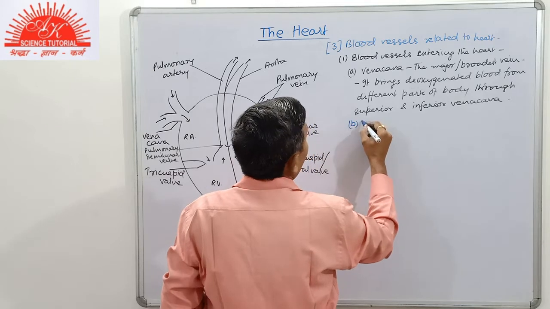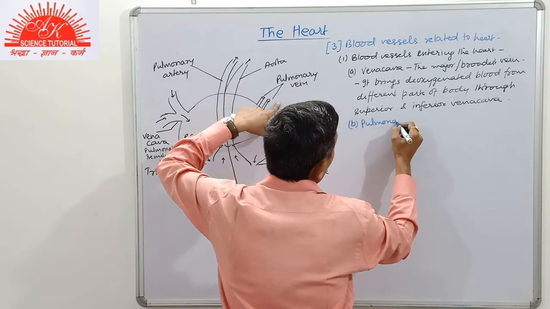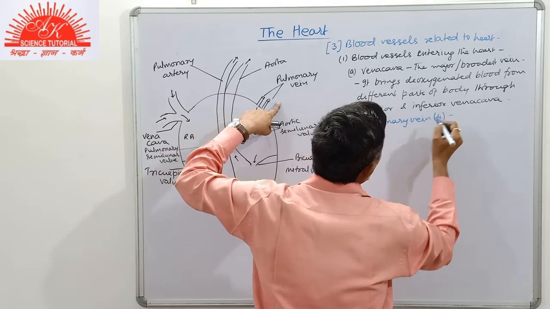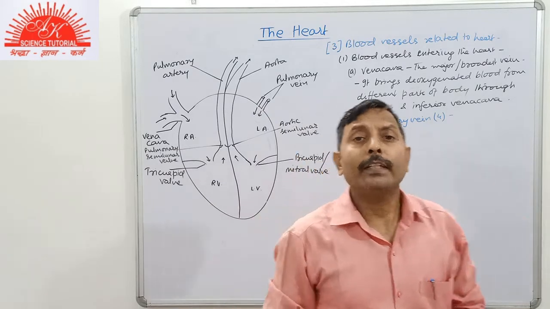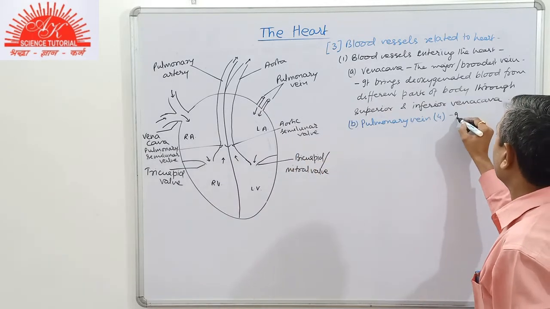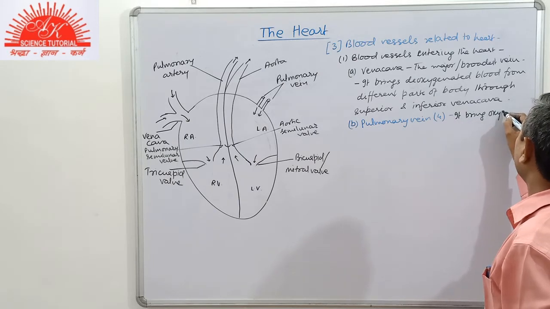Second, the pulmonary vein, and actually it is 4 in number, that is 2 from each lung, and here you see that it brings oxygenated blood.